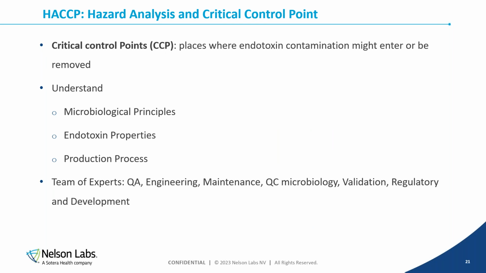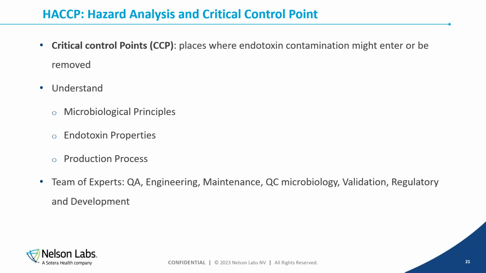A critical control point, very easy to understand, is a place where endotoxin contamination might enter or might be removed from your production chain. To perform this type of analysis, you have to understand the microbiological principles. That's why I wanted to start with what endotoxins are and how they can be tested.